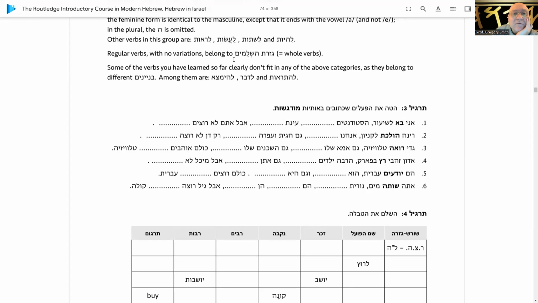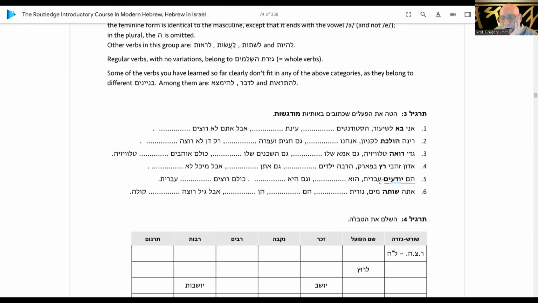Okay, number 5, we're getting near the end here. Hem yodaim, they know. Let's see, Ivrit. Okay, so they know Hebrew. Let's see here. He knows. So I bet you it's yodea. Comes from to know. Yeah, yodea, that's right. I thought I recognized that one.